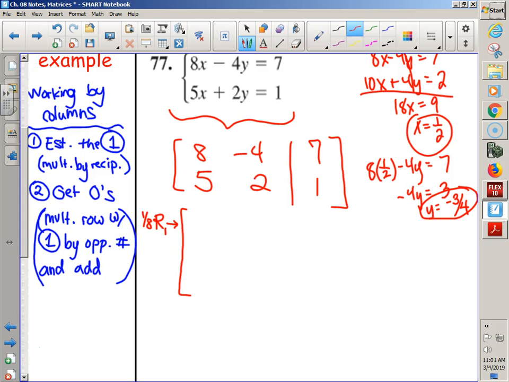So I'm going to multiply by the reciprocal. I want my 1. And guys, do you see what happens if I do 8 times 1/8? I get 1. But what's negative 4 over 8? What's 7 over 8? Well, and if you guys noticed, I just got my 1.